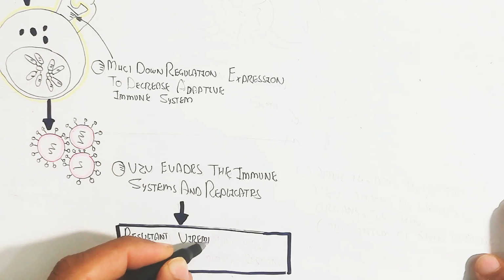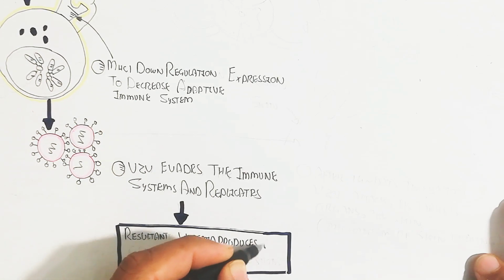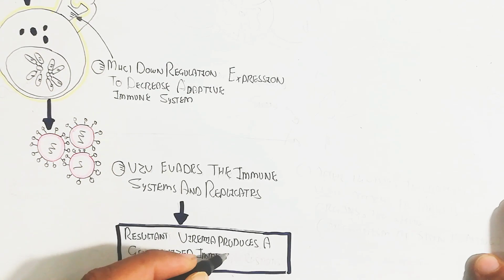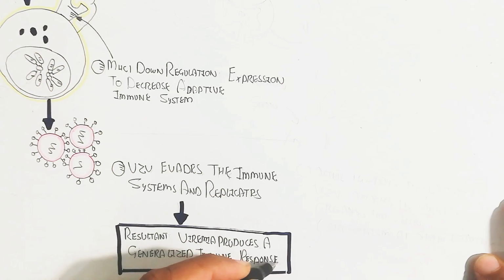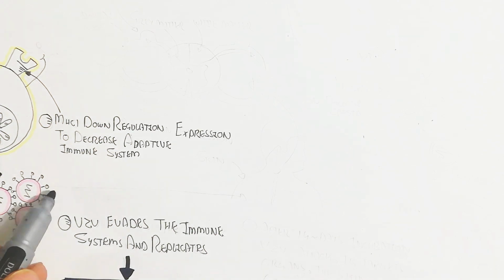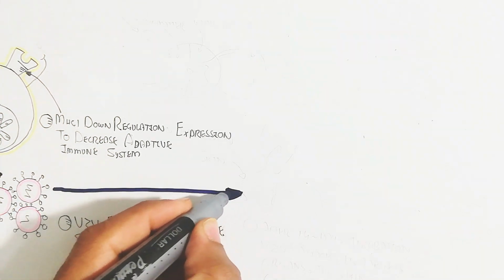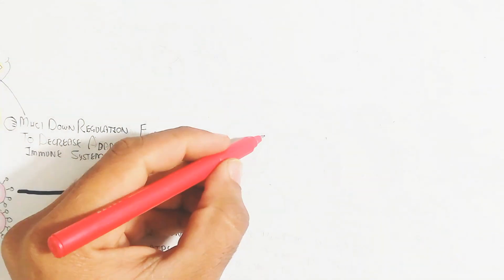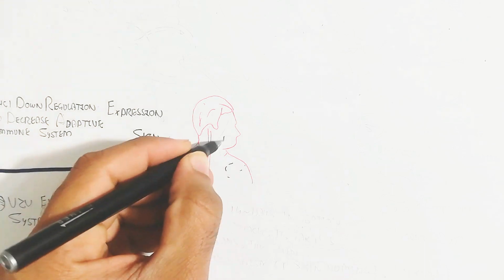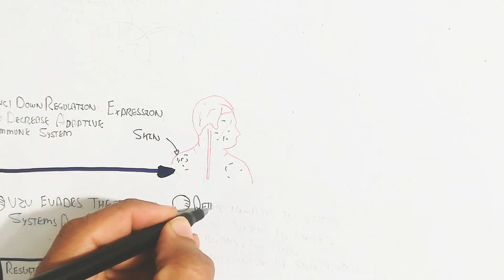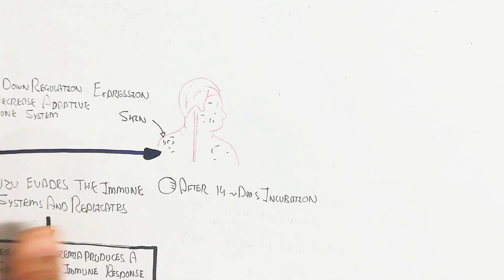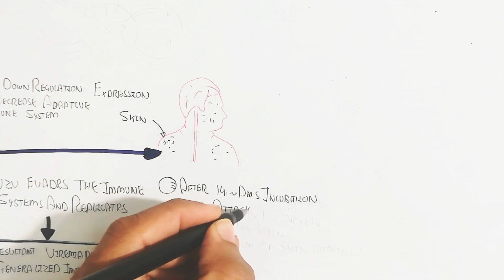After this replication the resultant viremia produces a generalized immune response, and the inflammation will continue. After a 14 day incubation, VZV attacks its target organs like the skin, and this mechanism of skin homing is unknown, and blister formation will occur, like pimple-like structures produced throughout the skin.